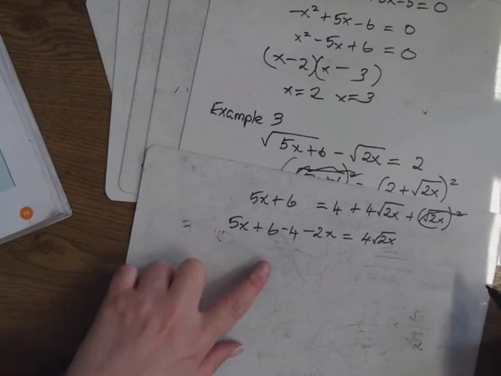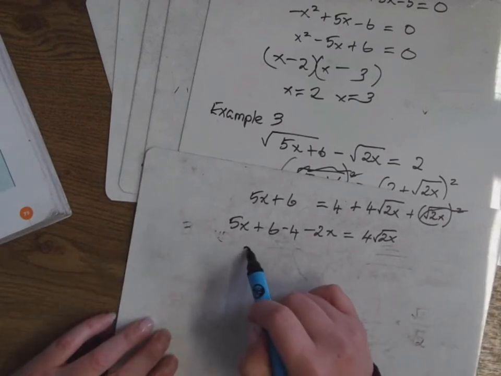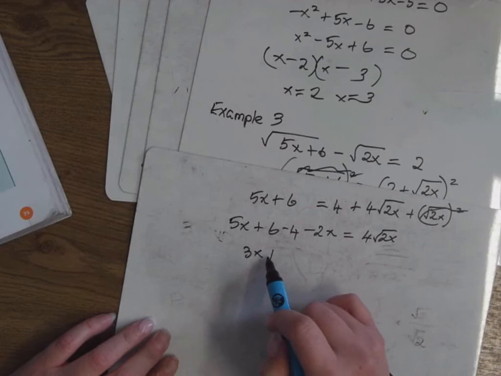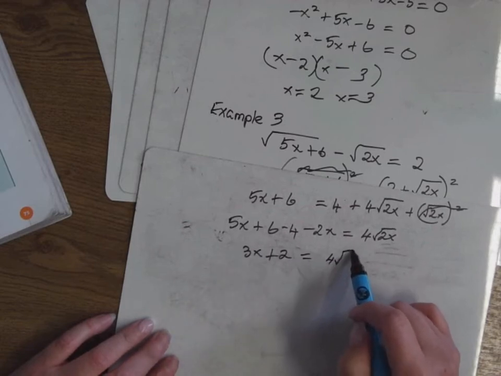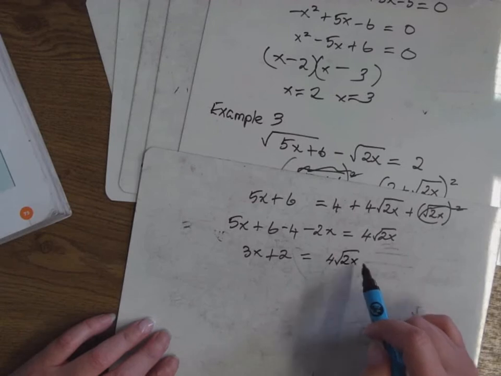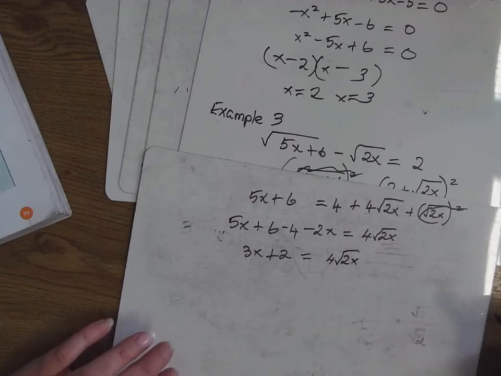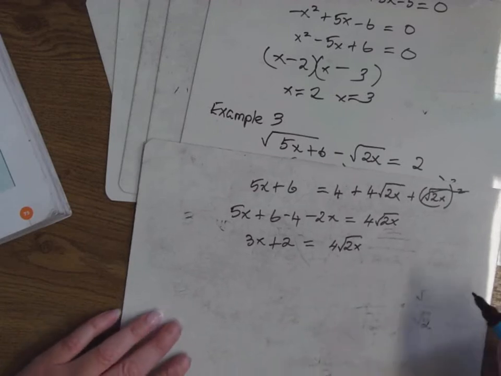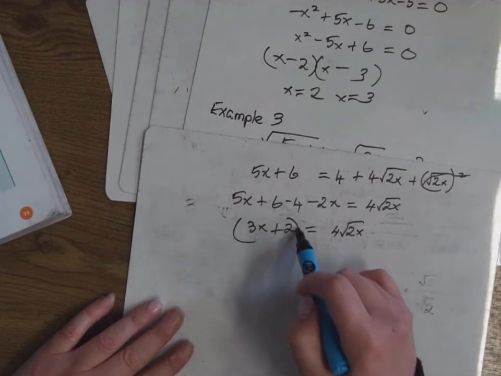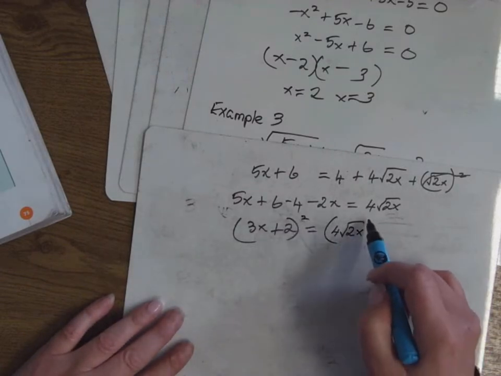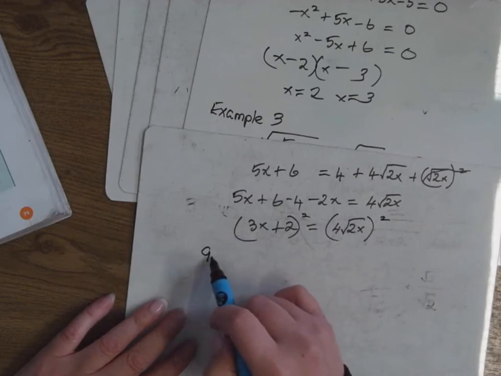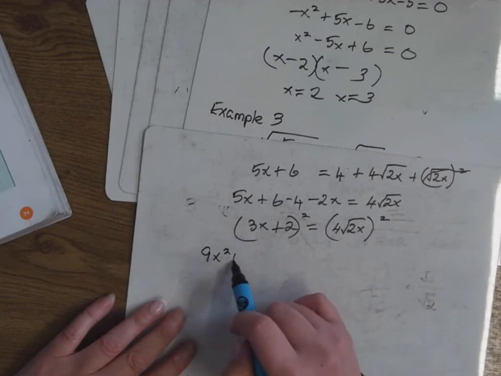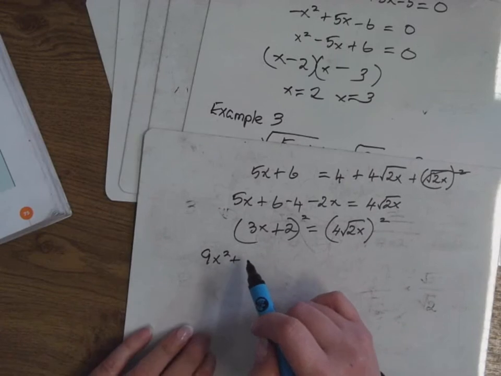Right, I'm going to tidy up the left. So that would be 3x plus 2 equals 4 root 2x. What I do now, square both sides again. So squared here and squared here. That would be square the first, 9x squared. Twice the first by the second would be 12x.